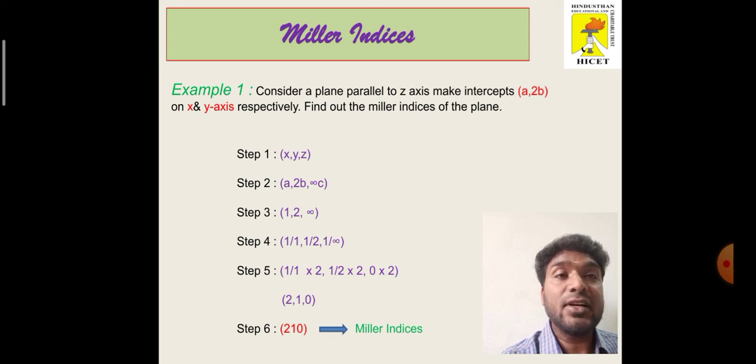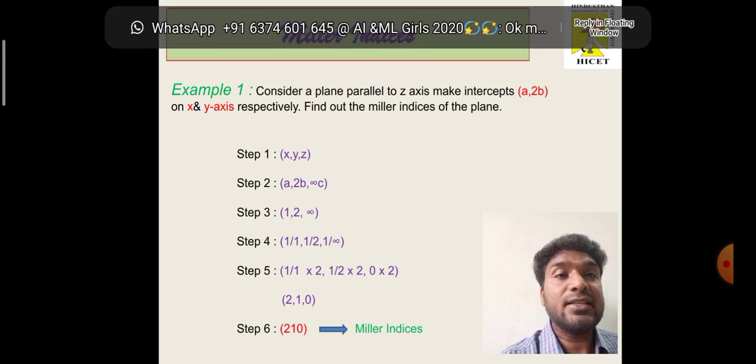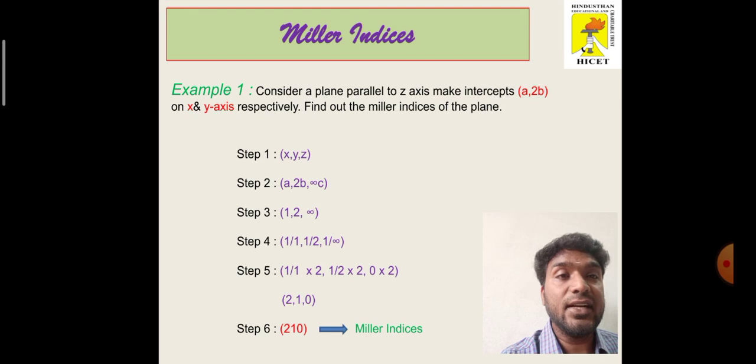So first we have to consider the 3 coordinate axes x, y, z. On the x and y axes we know the intercepts a, 2b, but the plane is parallel to the z-axis. If it is parallel to the z-axis, we have to consider the intercept as infinity. So infinity c. Now we have to take the numerical parameters: 1, 2, infinity. Now the fourth step, we have to take the reciprocal: 1 by 1, 1 by 2, 1 by infinity.